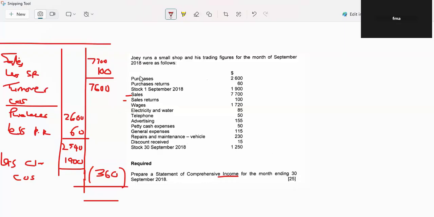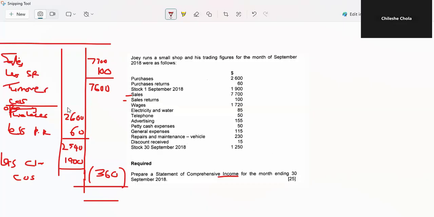Have we left anything before we go there? We forgot our opening stock here. Opening stock should start here. What is opening stock?